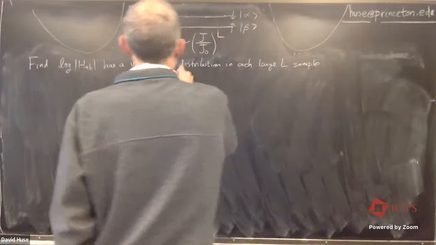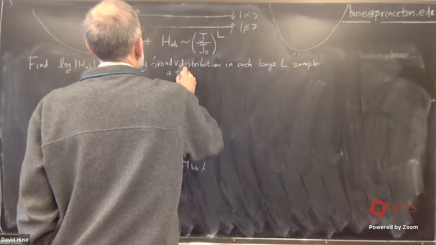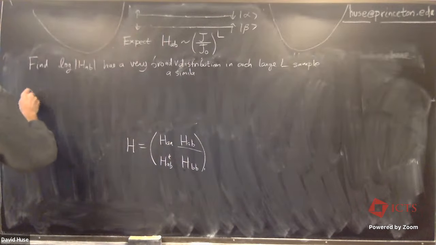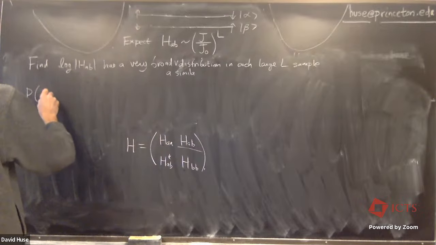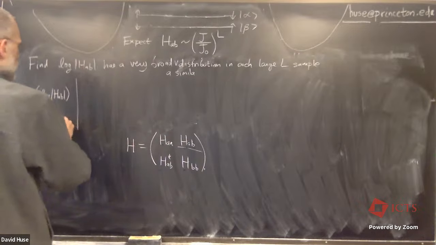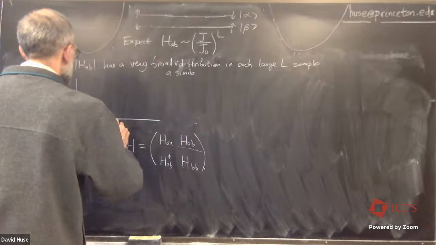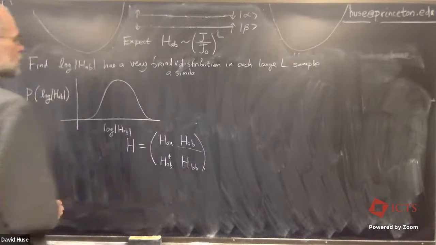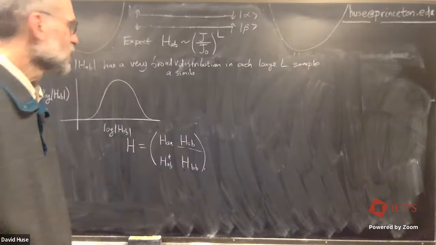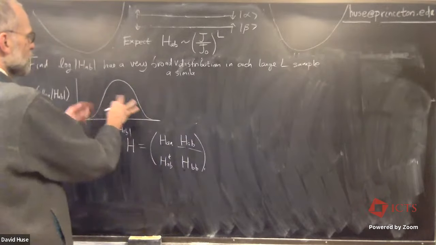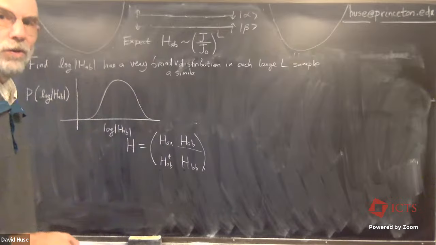If we look at the probability distribution of the log of this coupling, it's a vaguely Gaussian-looking distribution, and it broadens strongly as we increase L. It's many orders of magnitude wide.